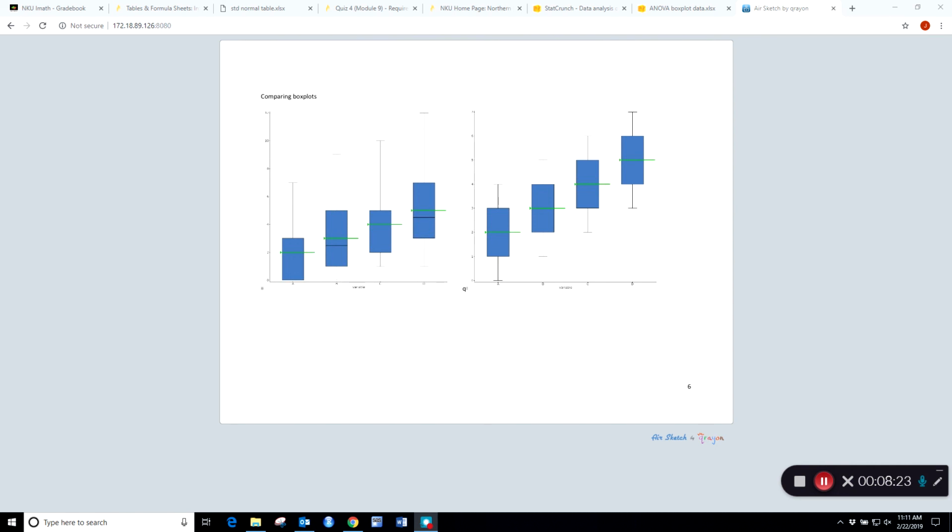The first thing that I did here is, if you notice, I have 4 graphs, A, B, C, and D, in all of them. In both graphs, A has a mean of 2, B has a mean of 3, C has a mean of 4, and D has a mean of 5.